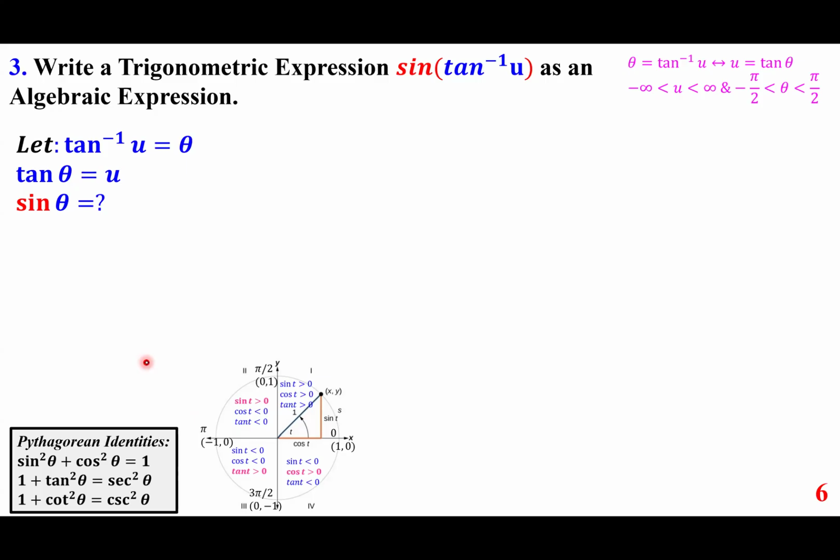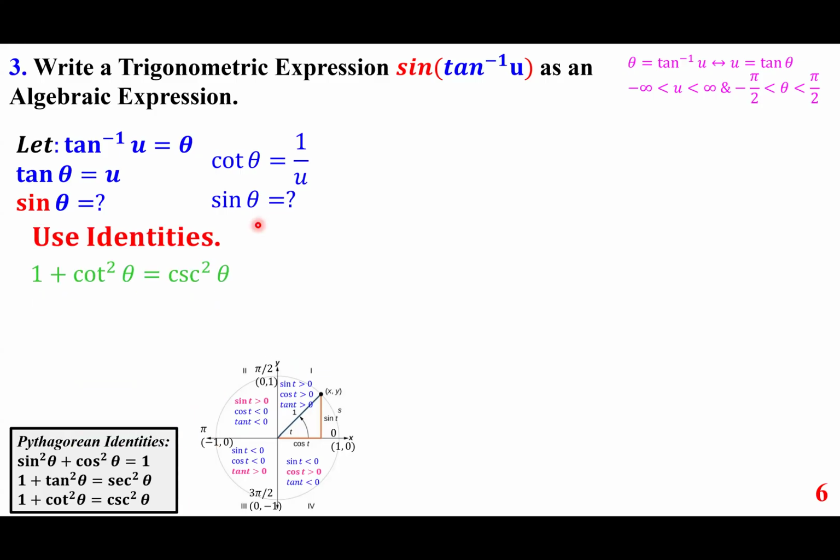They are reciprocal of each other. So cotangent is 1 over u, because tangent is u. Therefore, we are looking for sine theta using 1 plus cotangent squared equals cosecant squared. So 1 plus cotangent is 1 over u, so 1 over u squared, equals cosecant squared.